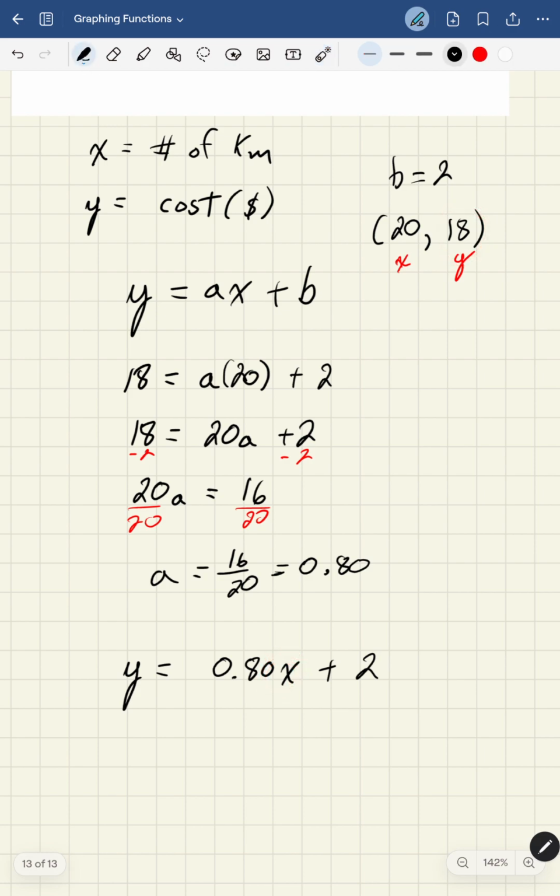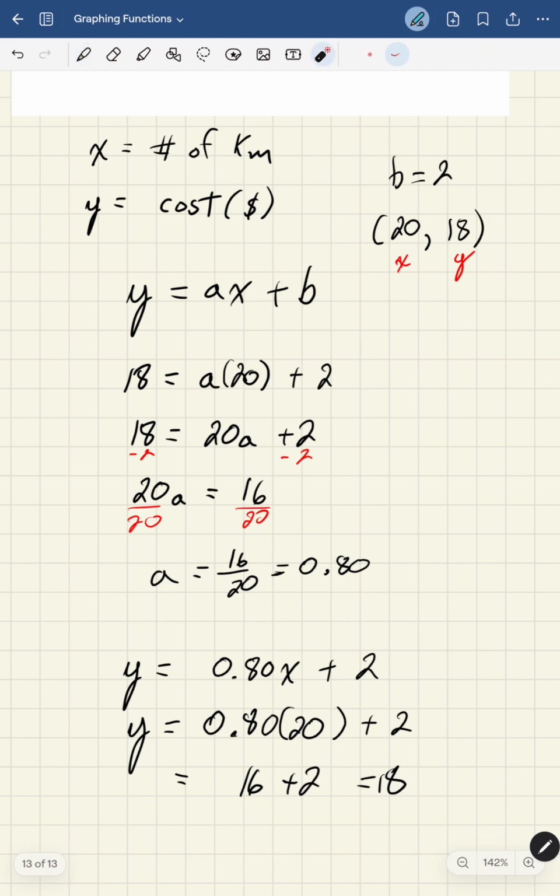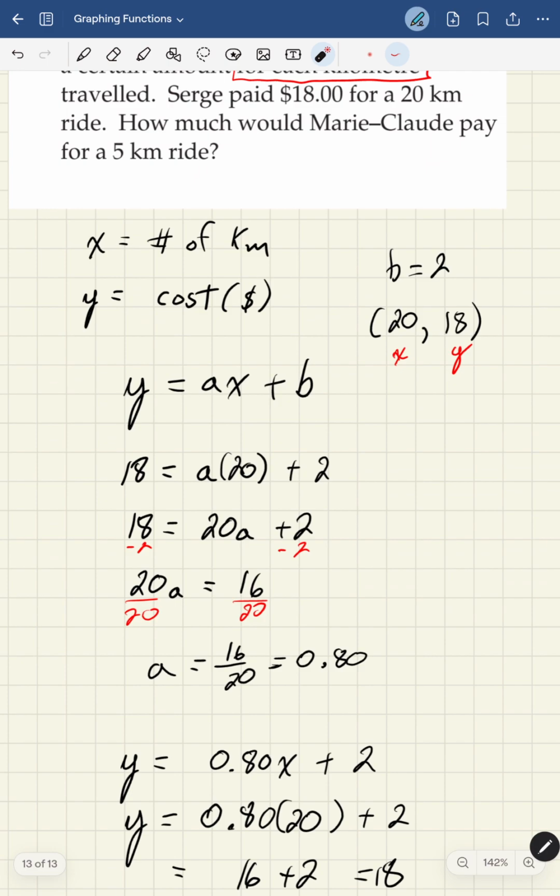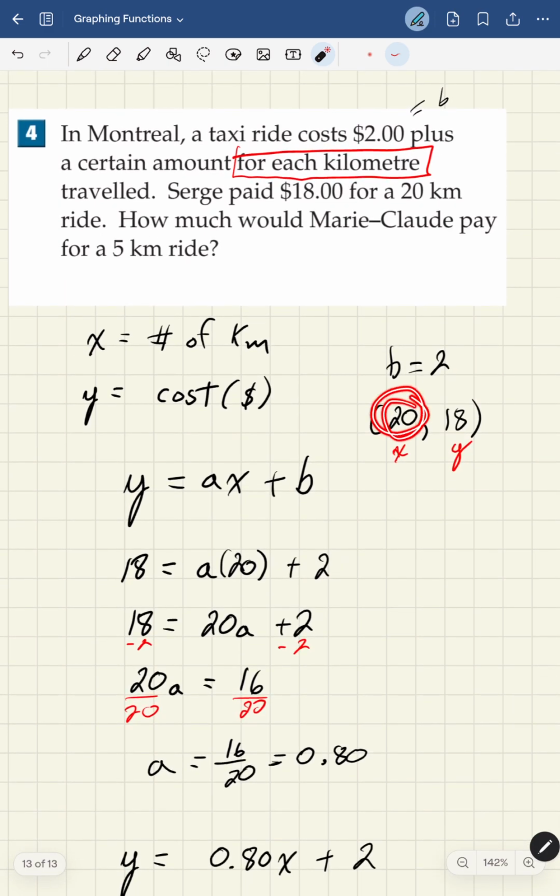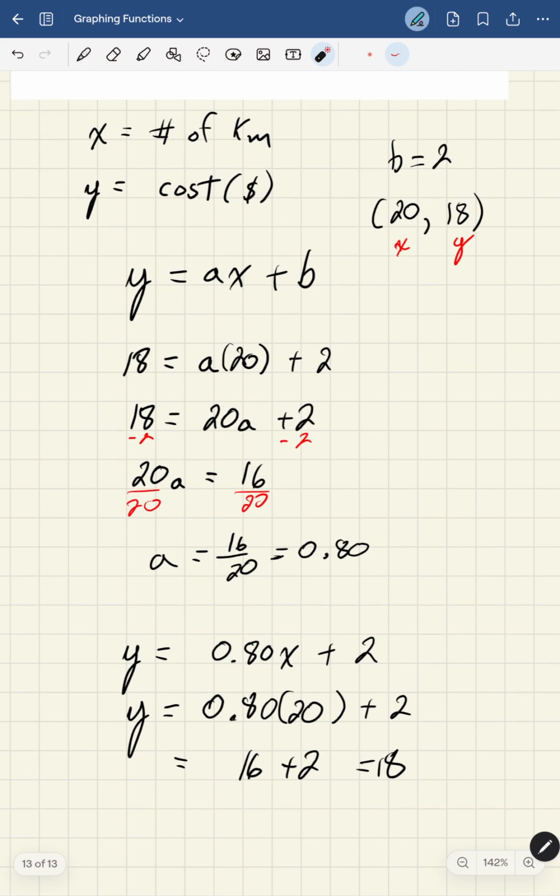So y equals 0.8 times 20 plus 2. And this will give us 8 times 2, that's 16, plus 2 is 18. So it's right. So 20 kilometers will cost $18. That's what we set up here, right? 20 kilometers will cost $18. So our rule seems to be correct.